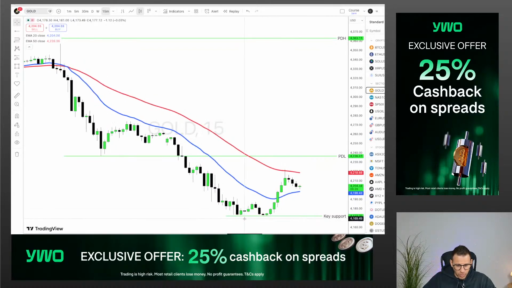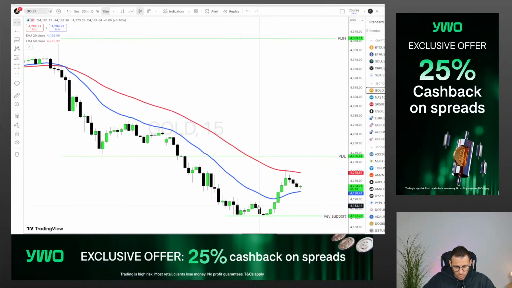On the 15-minute chart, we had a double bottom and the price made a higher high, the break of this swing. After we broke above this swing, we reached the 50 period moving average, we got rejected. Now the price is making lower lows, lower lows, lower lows.